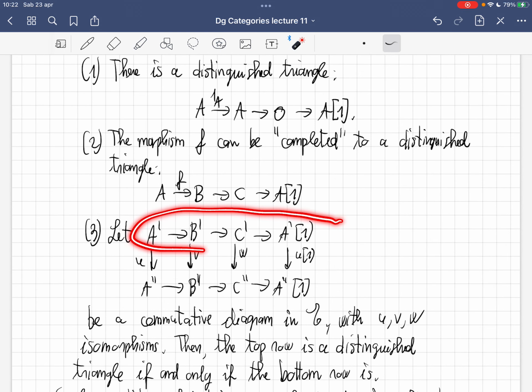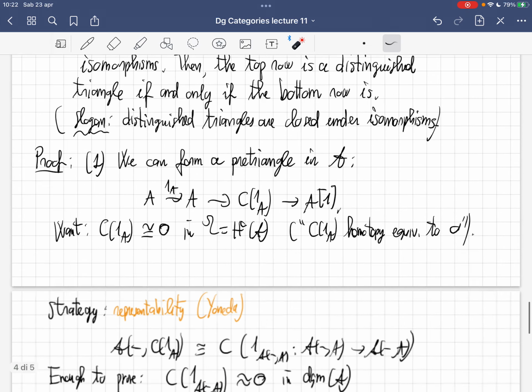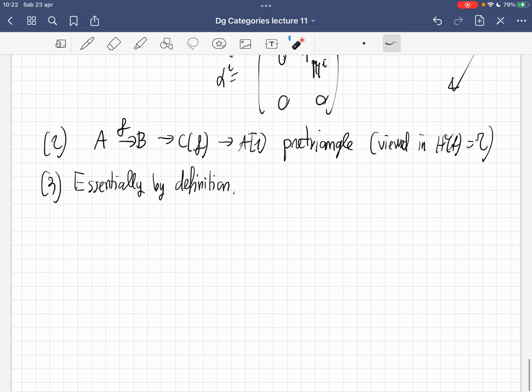So you will view this one as isomorphic to some pretriangle, and this one as isomorphic to some other pretriangle, and then the fact that you have an isomorphism here tells you that if this one is isomorphic to some pretriangle, then the other will have to. Just take the inverses of these maps here. This is not difficult. This is just coming from the way we define pretriangles. So there's not much to prove here.